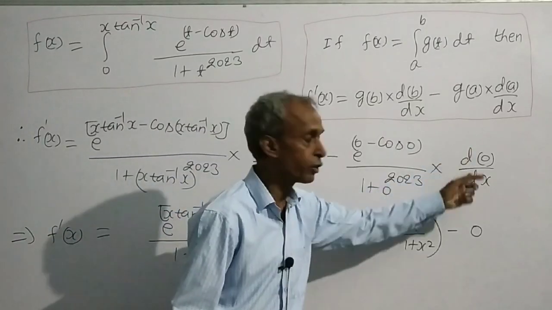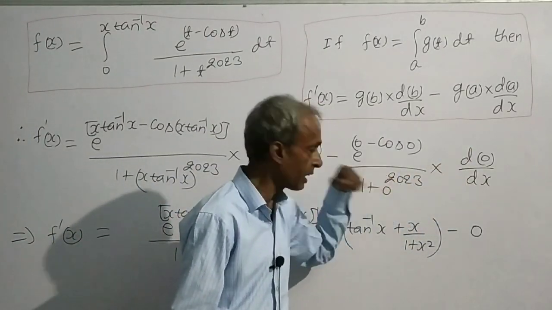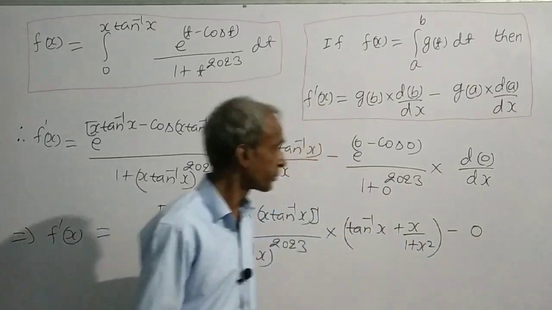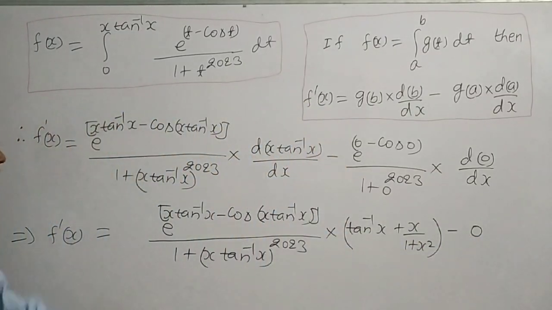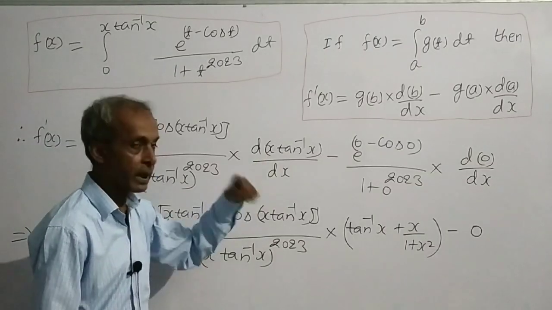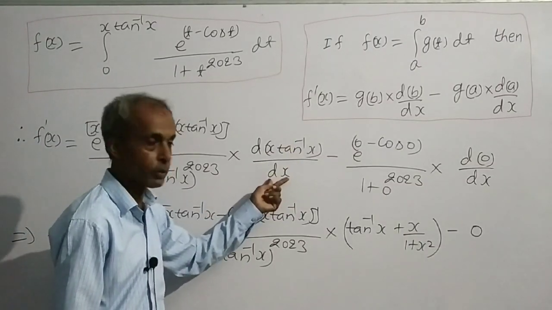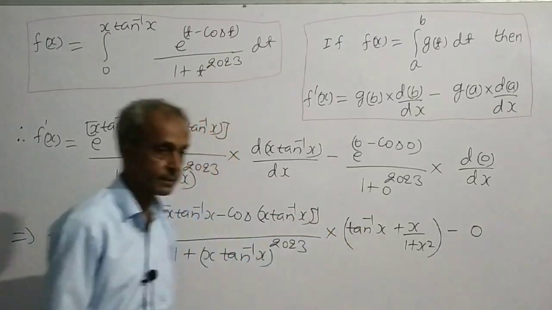Since d0 by dx will be 0 and 0 times any number will be 0, this is written here, and when we differentiate x tan inverse x with respect to x, we get this.